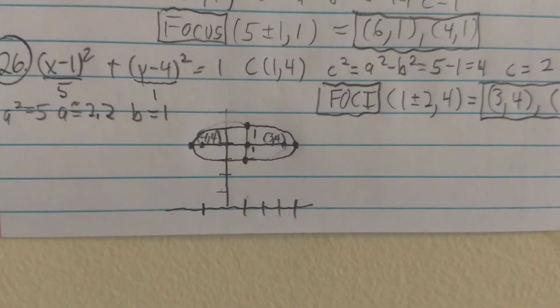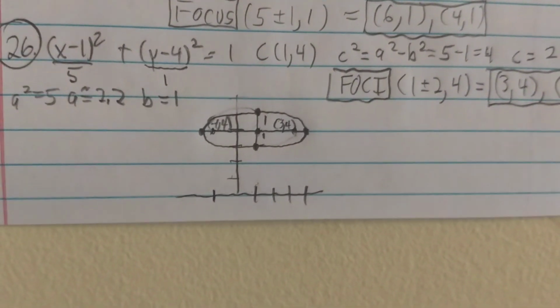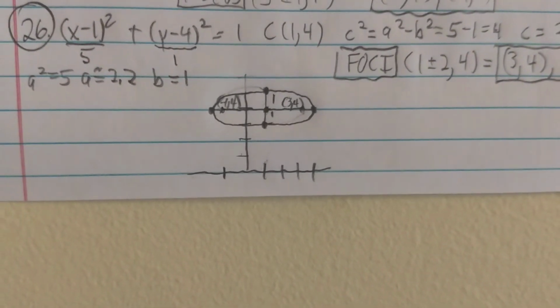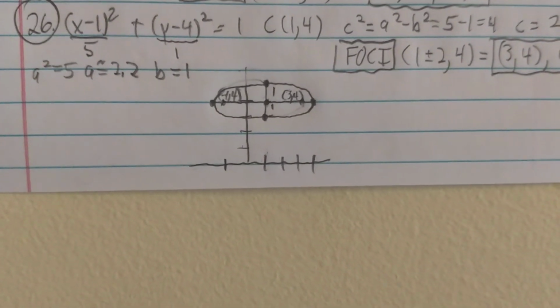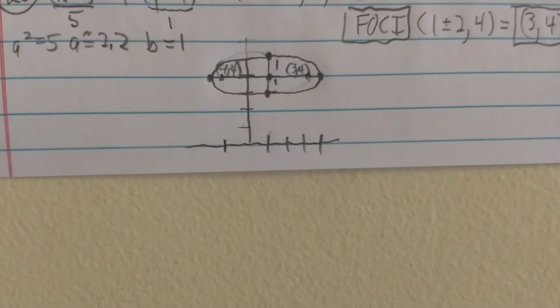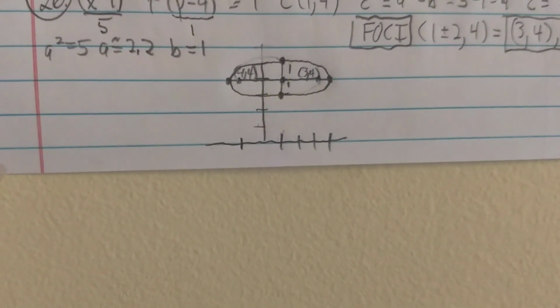And if you look at my little picture here, which is just easy enough to sketch, 4 to the right, 4 up, I have my center at 1, 4, and I go up 1 and down 1 from there, because that's the co-vertices, or up and down 1.